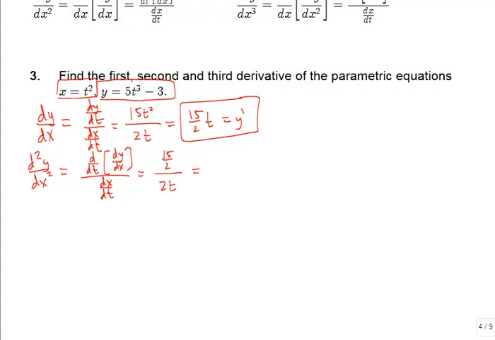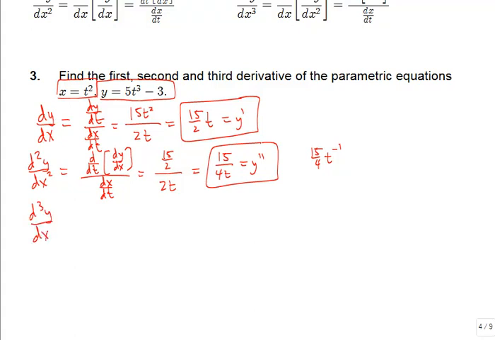When we simplify, this is 15 over 4t, and there's our second derivative. If you want, you could think of that as 15 fourths times t to the negative 1.